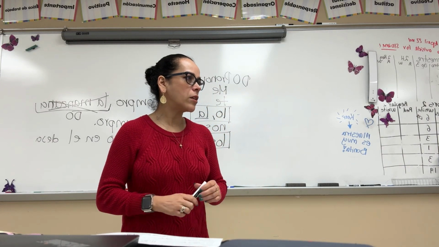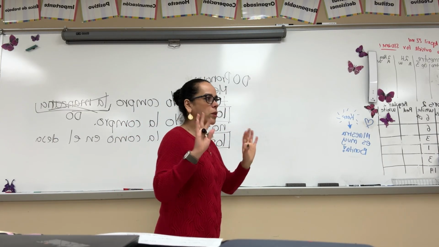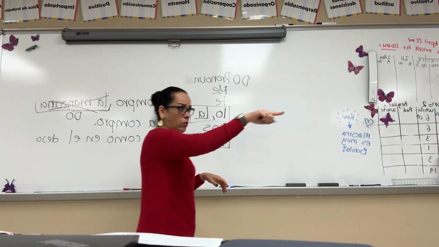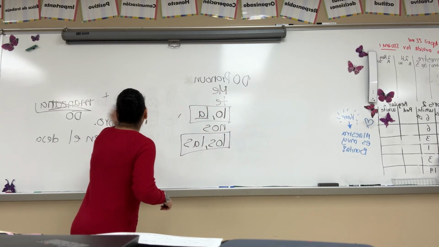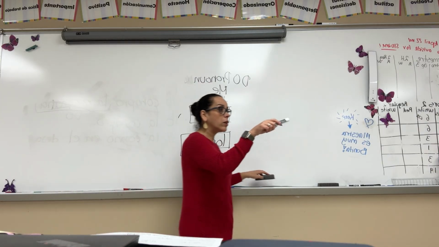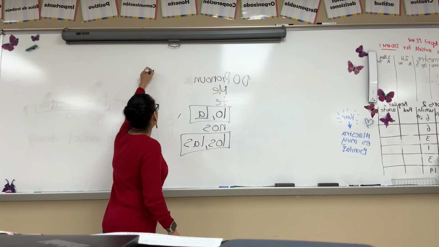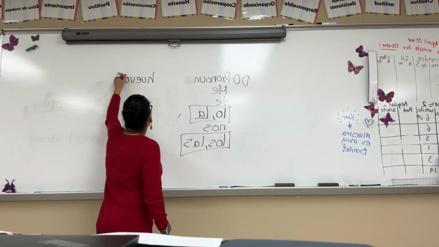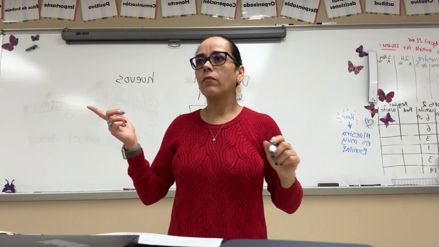You want to give me an example? Just give me an item that you want to talk about. One of the foods. Huevos. Okay, huevos. What can we say about huevos?